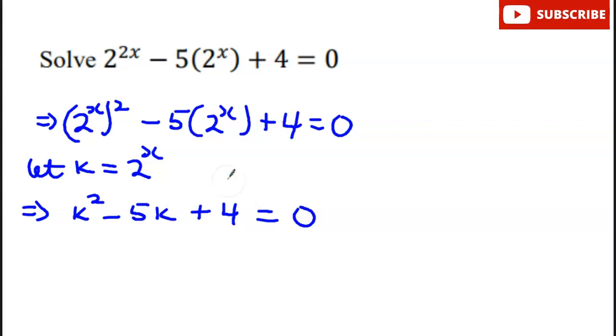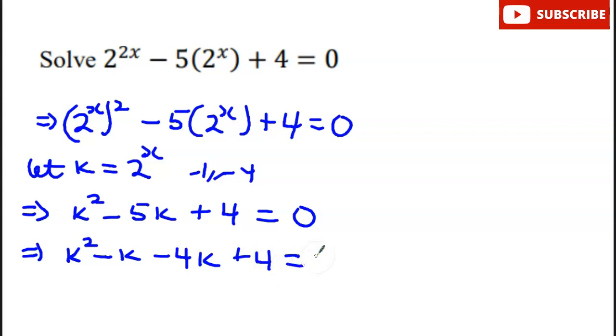Now, factors of 4, when we add two of them, you get minus 5, but when you multiply, you get 4. Now I can think of minus 1 and then minus 4. We then break the middle term into those two factors. So k squared minus k minus 4k plus 4 is equal to 0.